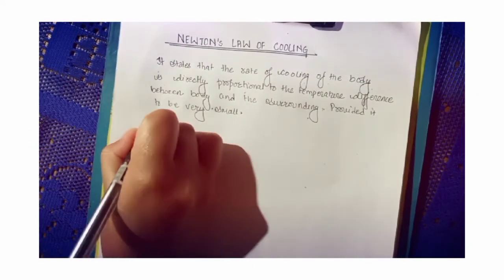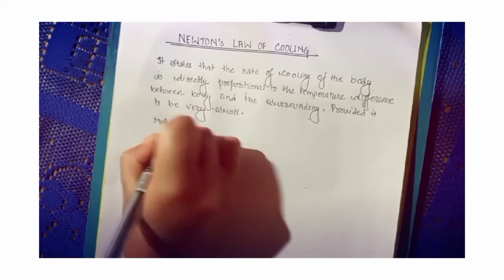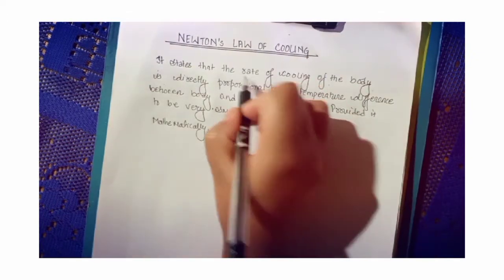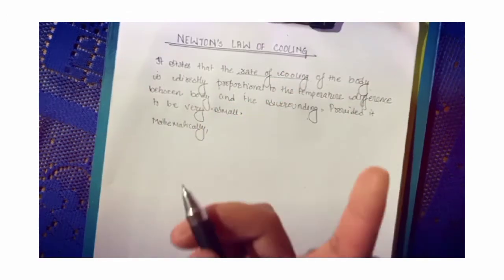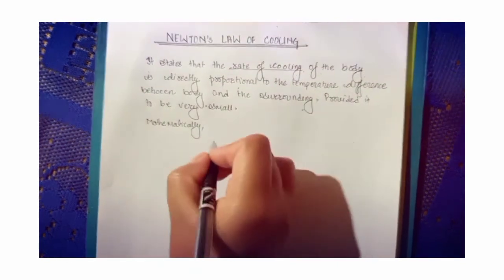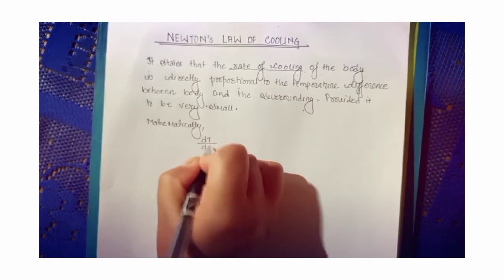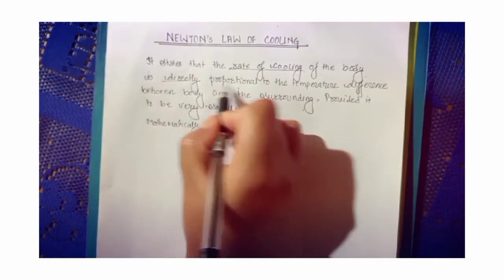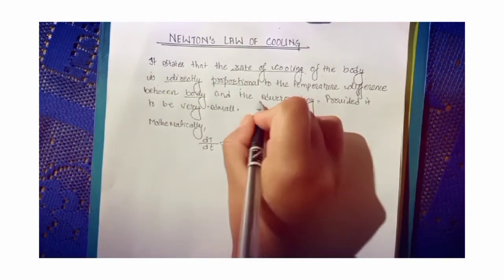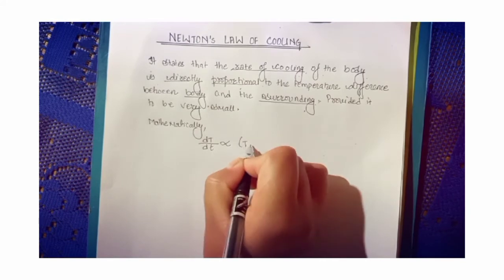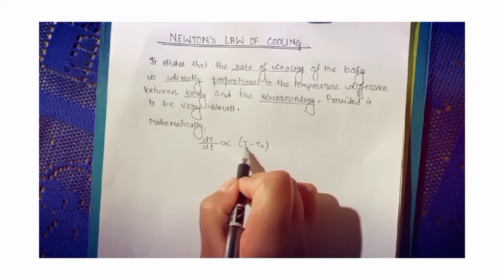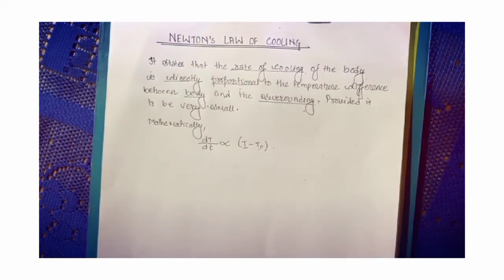So, mathematically, we can write it as the rate of cooling, that is the change in temperature per unit time, dT/dt, is directly proportional to the temperature difference between body and the surrounding, that is T minus T naught. This is the temperature difference between the body temperature and the surrounding temperature.